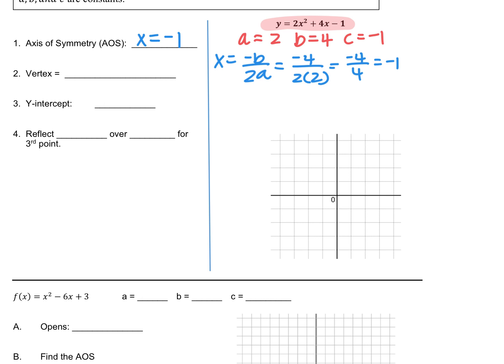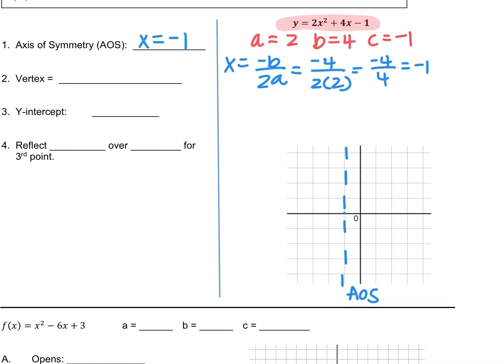So if I go over 1 right here, here is my axis of symmetry. Actually, I might put that down at the bottom. Okay? So that's how I find my axis of symmetry when my equation's in standard form.